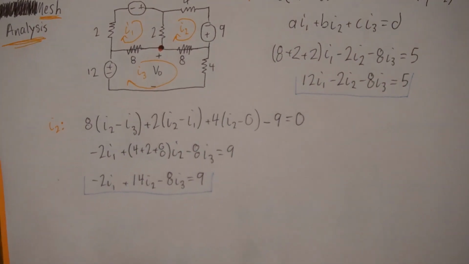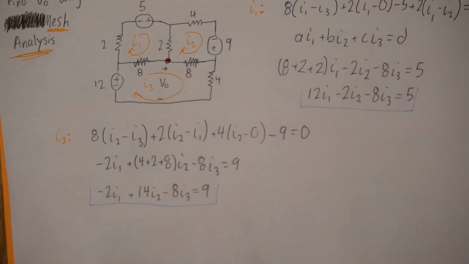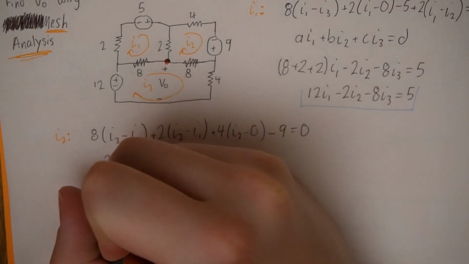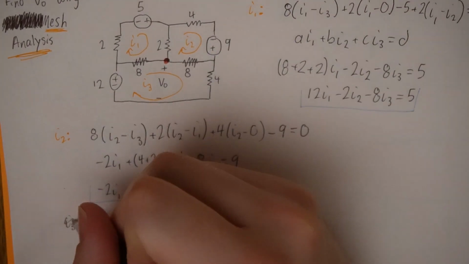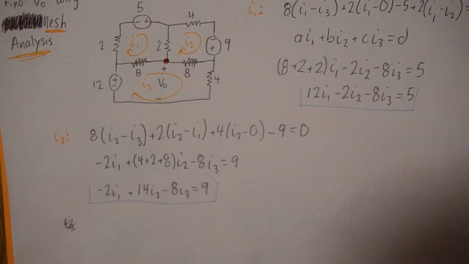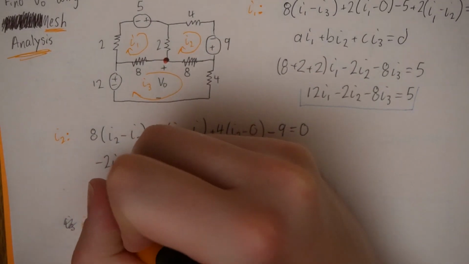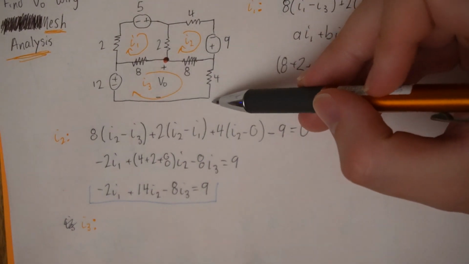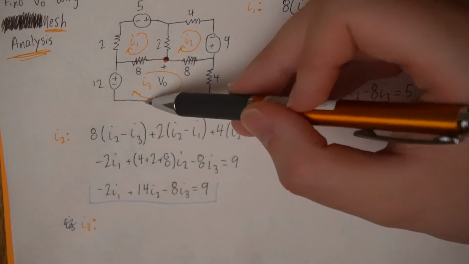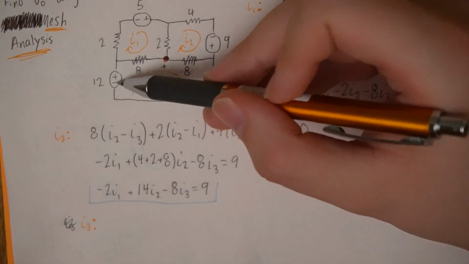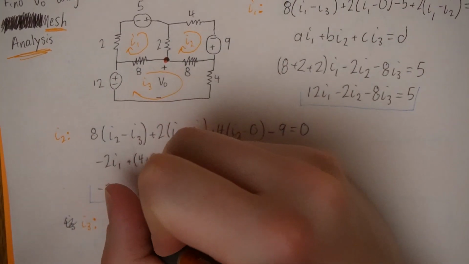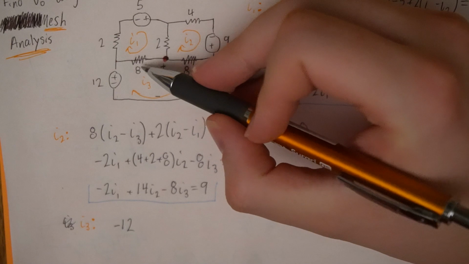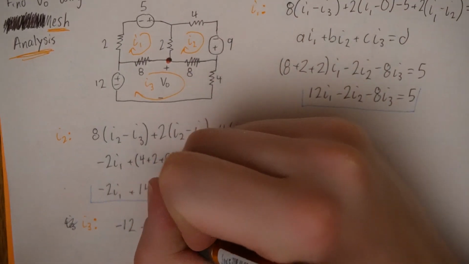Now I should look at my loop I3, the last loop. So for I3, actually I'll put that in orange just to be consistent. Starting bottom right corner, there's nothing along this bottom part. I come in the negative side of 12, minus 12. Then I come across an 8 ohm resistor, plus 8.